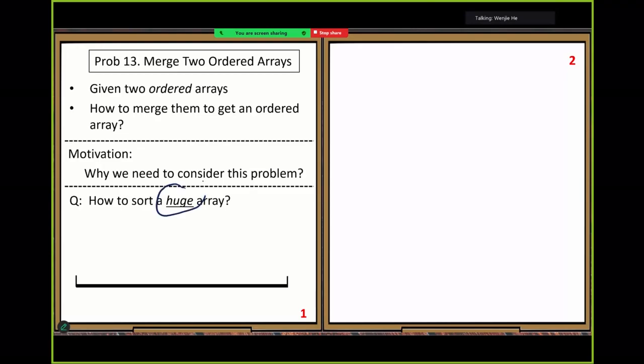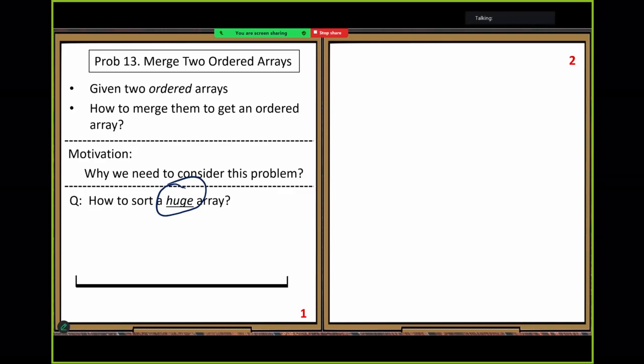When we sort an array, we need to have our data ready on our computer. The data is stored on the hard drive.